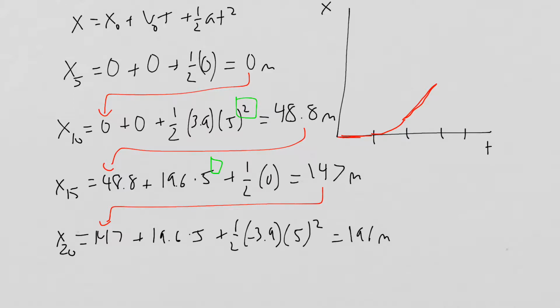And then, from 15 to 20, we're back to a parabolic shape, right? Because it's t squared. But we have a negative sign, which means it's a downward curving parabola instead. So it has to do something kind of like that. Okay? So that has to be what the shape is, and you should make sure the numbers all match up.